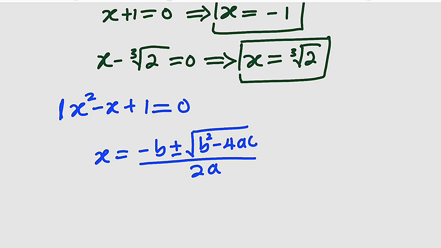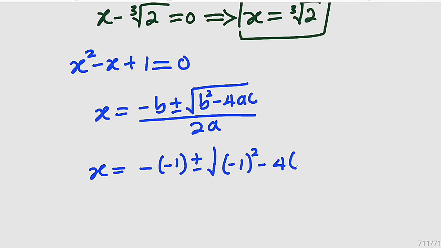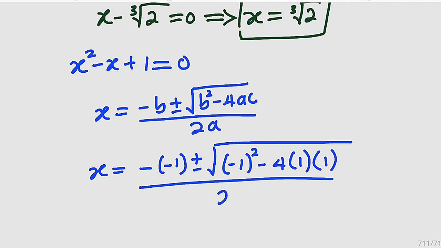Remember the leading coefficient is a, this is b, and this is c. So therefore x equal to minus b, but b is -1, which is the coefficient of x, plus or minus the square root of b squared, that is -1 squared, minus 4 times a, which is 1, times c, which is also 1. You divide this by 2a.